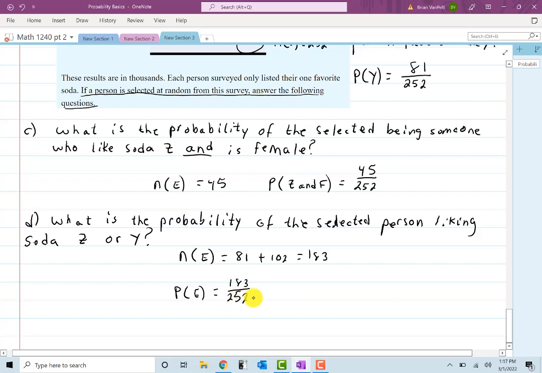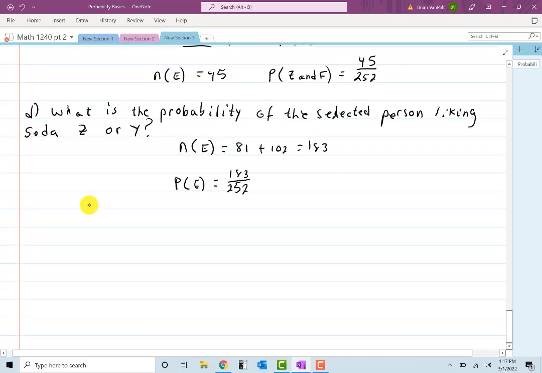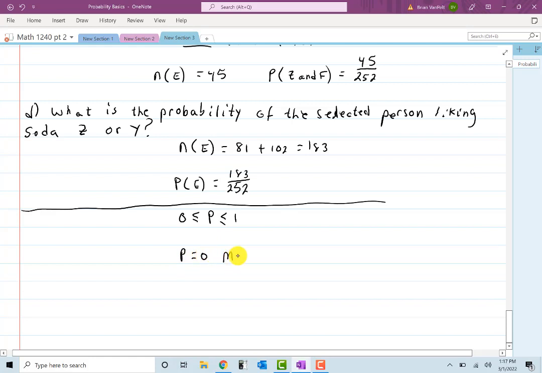Before I finish, let me just say one last thing that I didn't mention: no matter what, the probability of something is always forced to be between 0 and 1. So the probability of anything occurring is between 0 and 1. A probability equal to 0 means it can't happen.